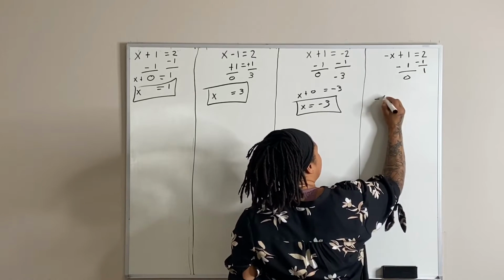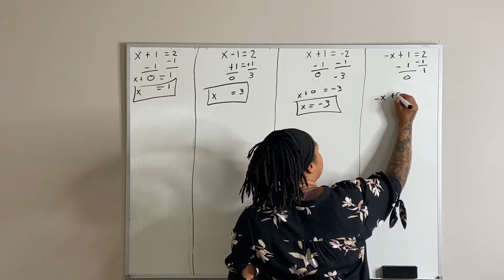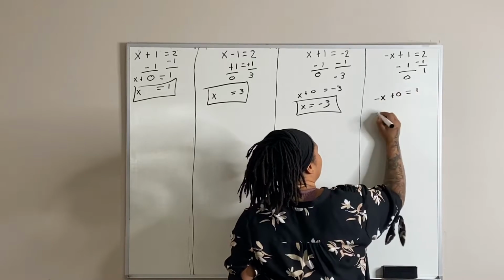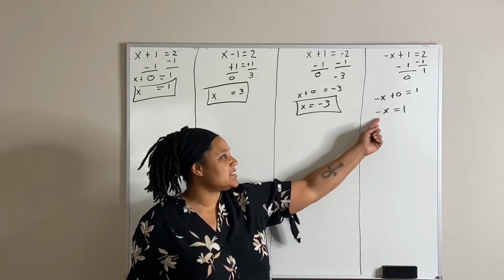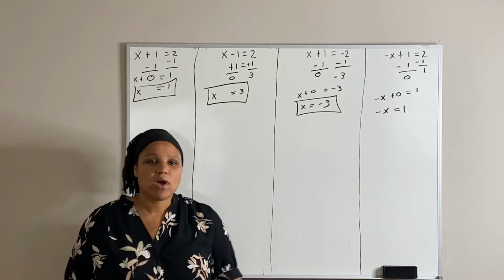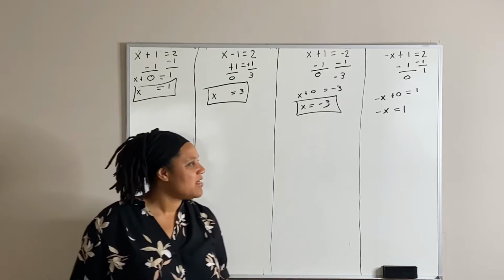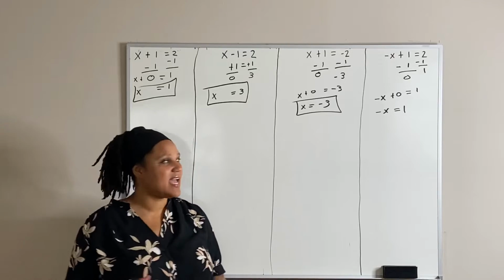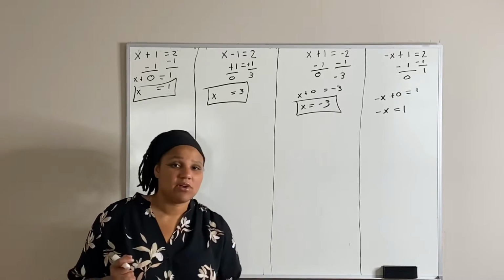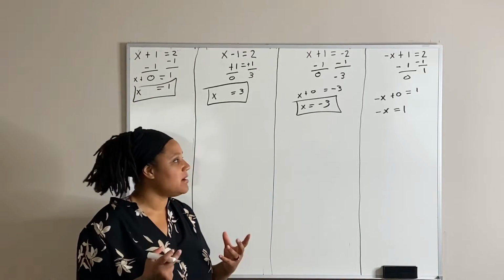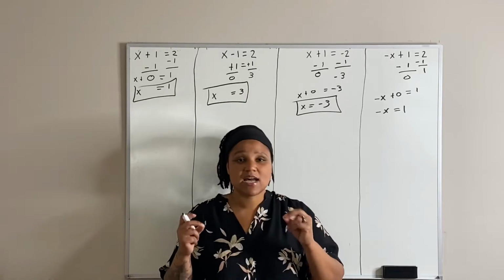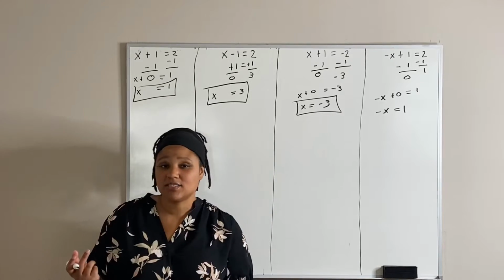So now we have negative x plus 0 is equal to 1, which means that negative x is equal to 1. Now, how do we get x by itself? Well, remember, if I take a negative number and I multiply both sides by a negative number, then a negative times a negative is just a positive, right?